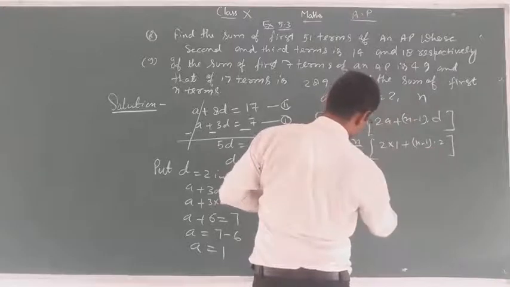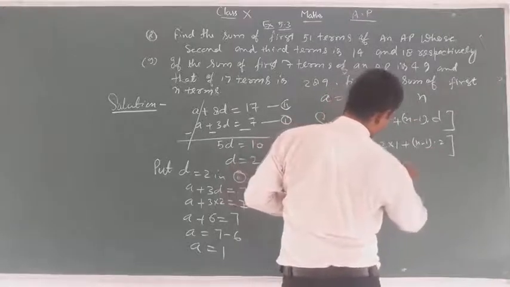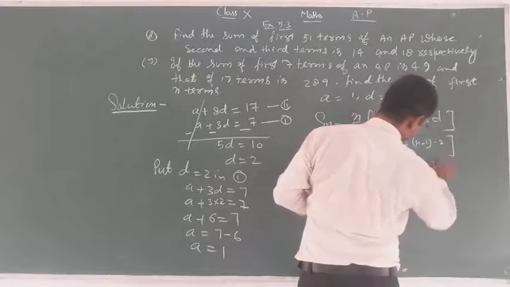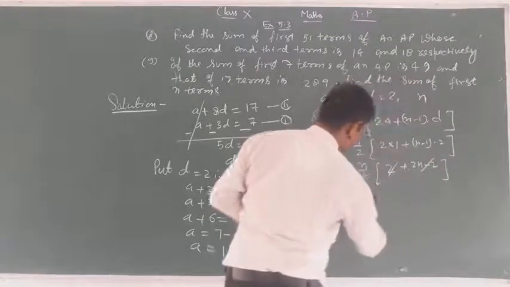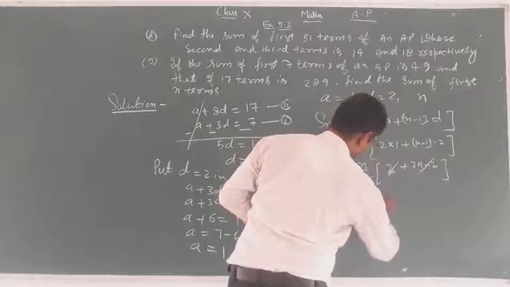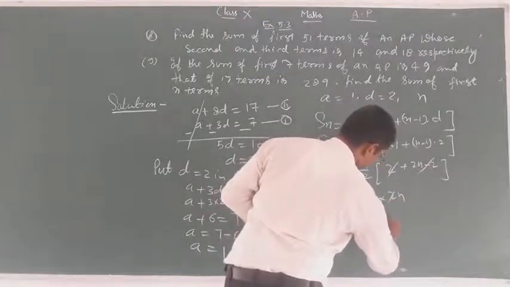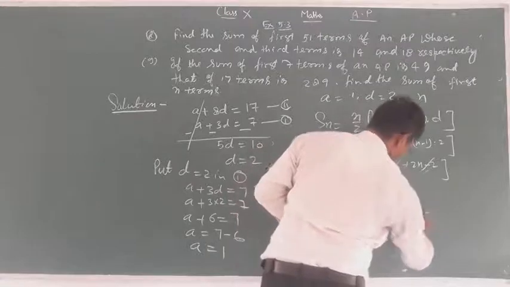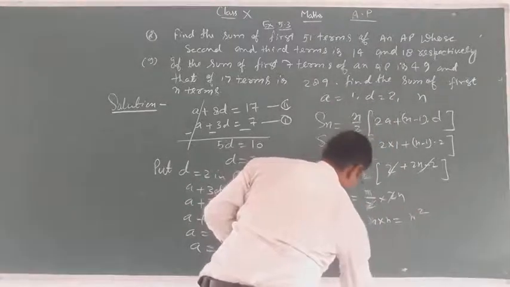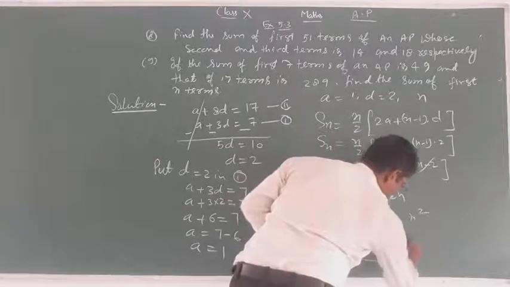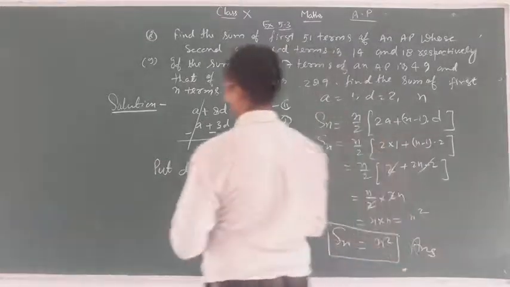Now n by 2 multiplied by this bracket, 2n. So 2 cancels out, n upon 2 into 2n, so n into n is equal to n square. So Sn is equal to n square. This is the answer.